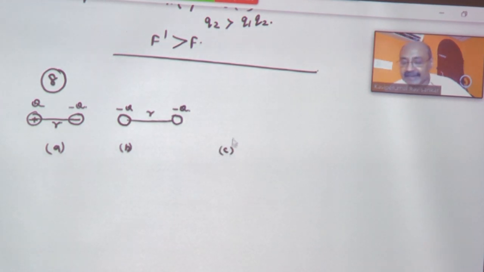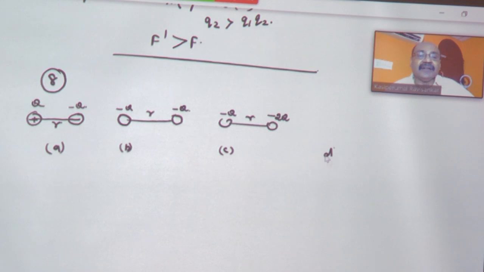In the third diagram, you are having 2 charges separated by the same distance R, but one of the charges is minus Q and another charge is minus 2Q. Then the fourth diagram, you are having 2 charges separated by a distance 2R.